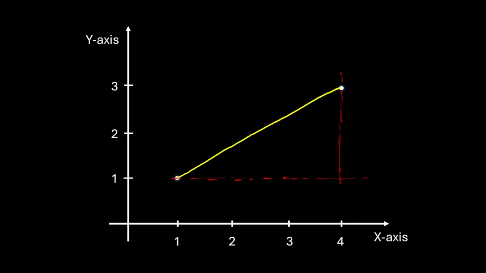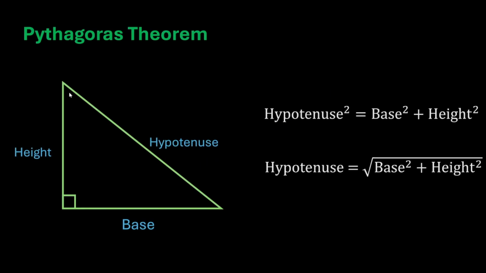But notice with this construction, we have constructed a right angle triangle. Do you remember a theorem related to right angle triangle, which relates its two sides to its third side, right? Let's recall. So here we have a right angle triangle.